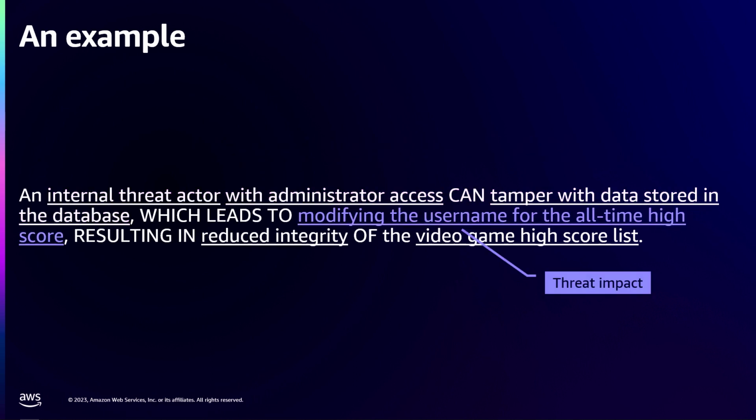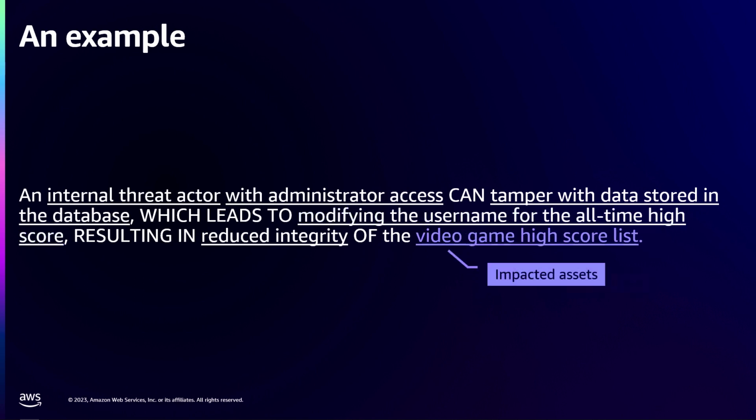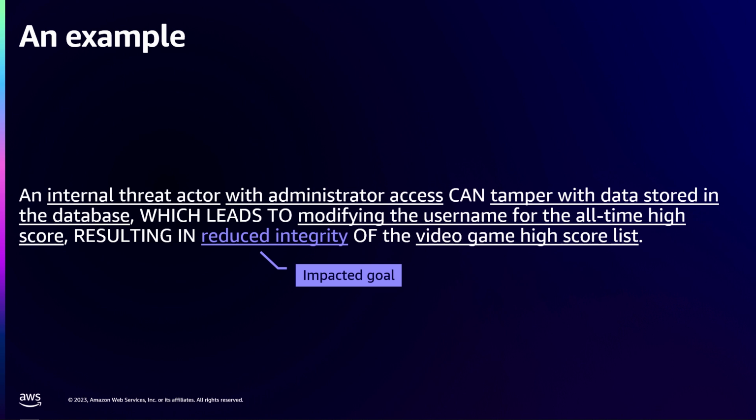Let's keep going. Modifying the username of the all-time high score. This is the threat impact. This is the direct result of a successful threat action from our threat actor. The thing that they're impacting, our asset, our thing of value, in this case, is the video game high score list. Now, when it's additive, you may want to be specific about the business or security objective that's being negatively impacted by this threat.